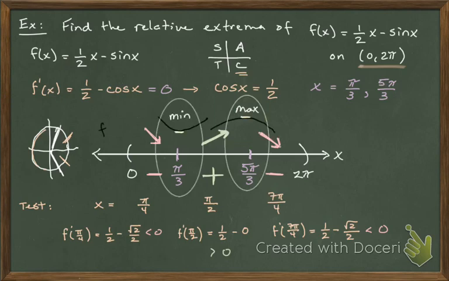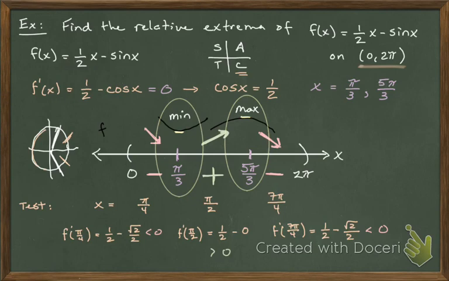So from each of these I can tell my function has a relative min, because my function goes from decreasing to increasing around pi over 3. That should be a relative min. And a relative max, as my function goes from increasing to decreasing around 5 pi over 3.